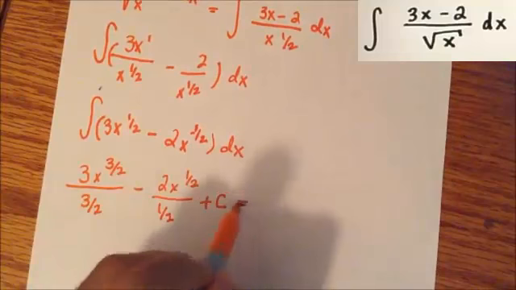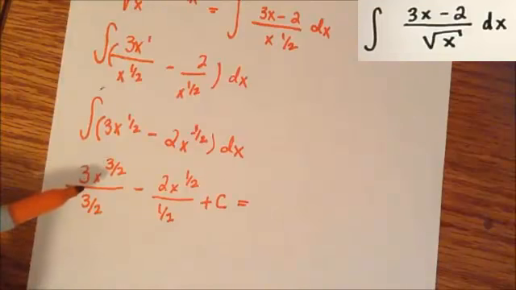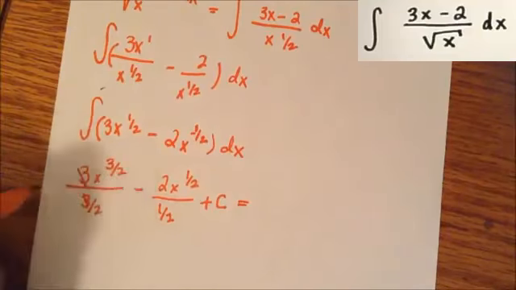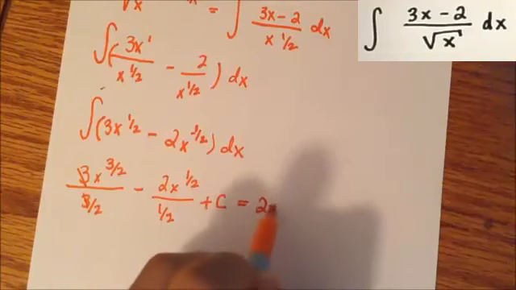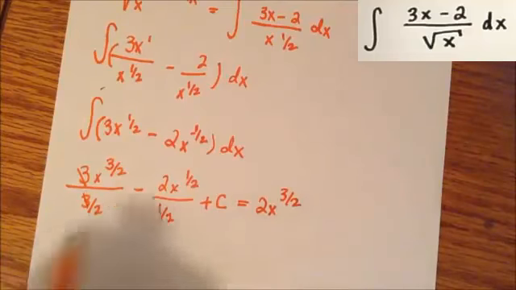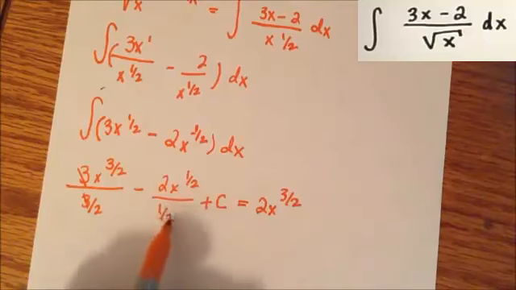And from here, I'm still going to do some simplification. So 3 and 3 cancel out, so I'll be left with 2x raised to the power of 3/2. And then same thing here, 2x raised to the power of 1/2 divided by 1/2.